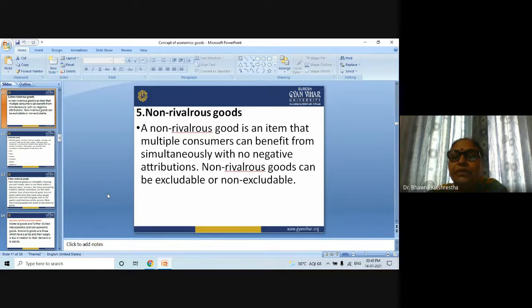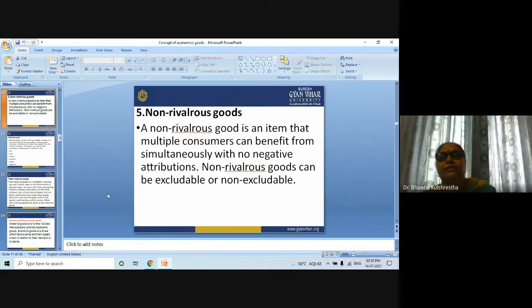A non-rivalrous, non-excludable example is multiple people driving on the same road at the same time.